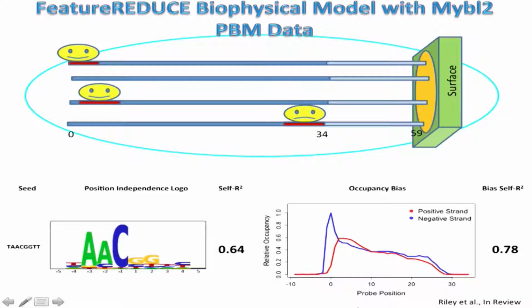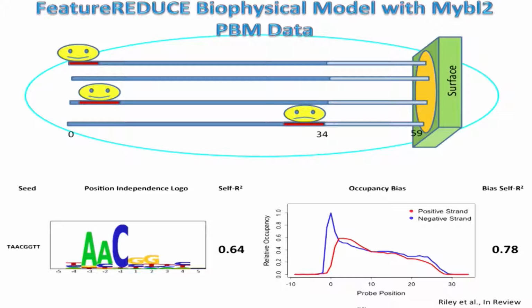In a more technical explanation, what's really happening in the PBM binding reaction is that the close compaction of these double-stranded DNA oligos in each spot is creating local free protein concentrations, so that as you go deeper into the carpet, the free protein concentration is a gradient. It's becoming less and less.